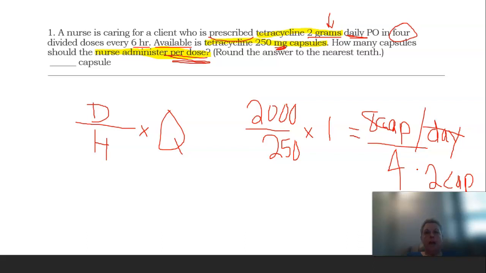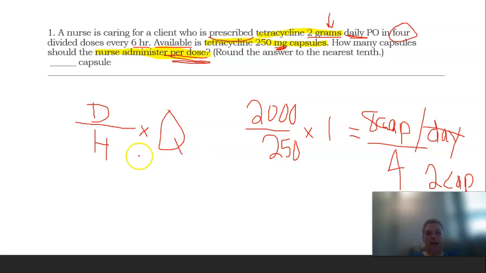So does that make sense? Ask yourself, is it asking me per day? Per day it would be 8 caps. But they're telling me to divide it in 4 equal doses. 4 times 2 is 8. 8 times 250 would give you your 2,000. So go back and double check yourself.